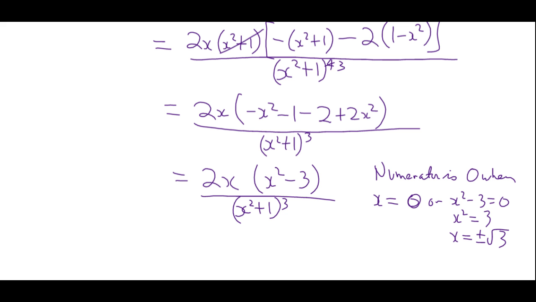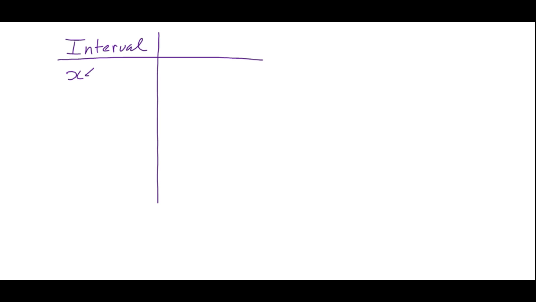Okay, so to do that, we're going to set up a little chart here. So x is less than negative root 3, to 0, 0 to root 3.